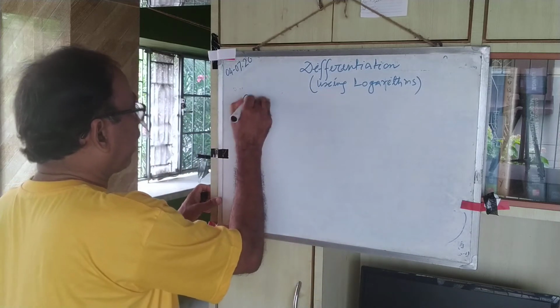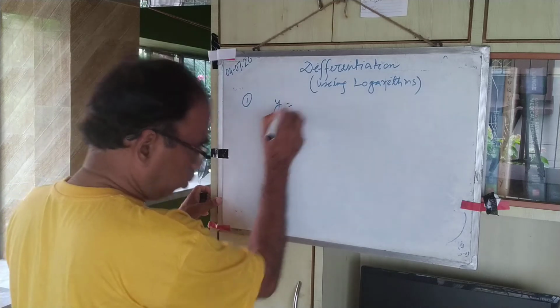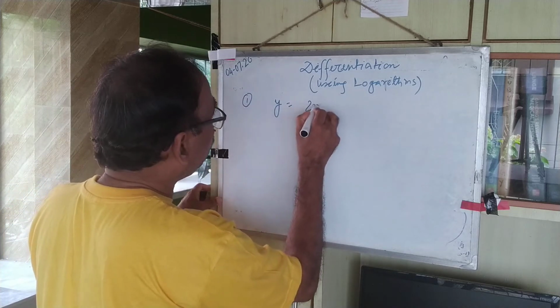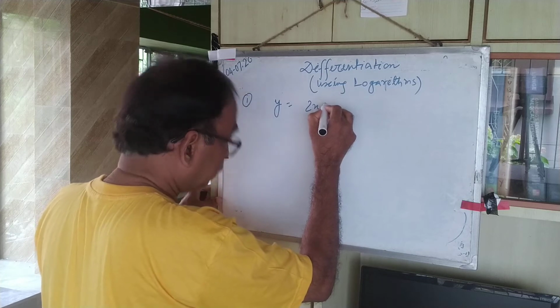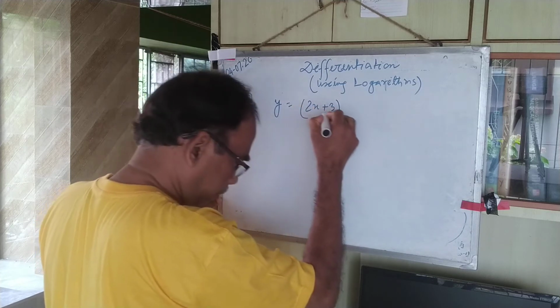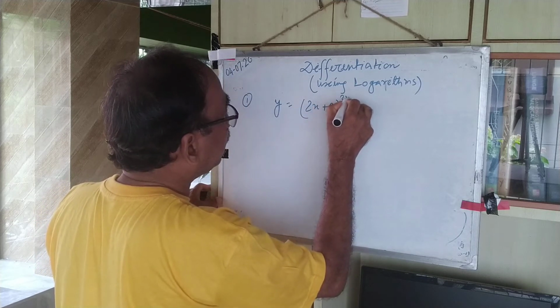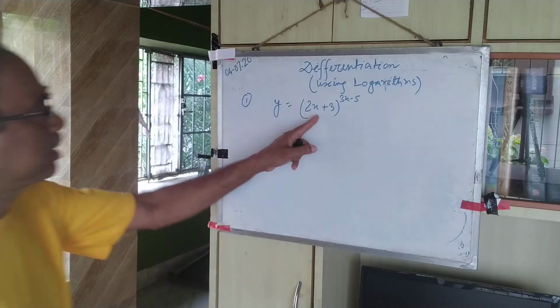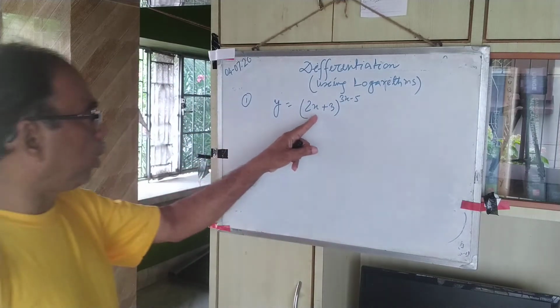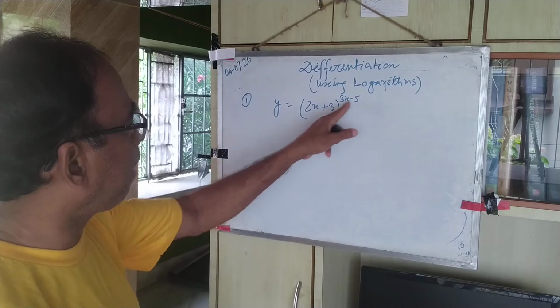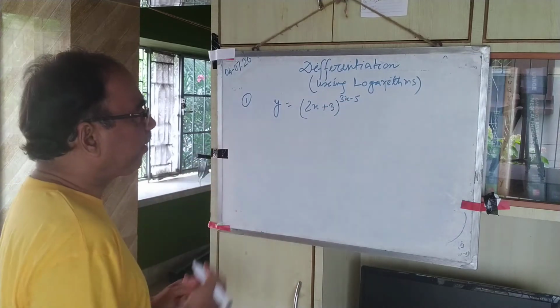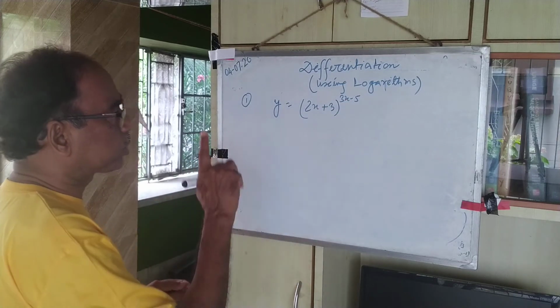Sum number 1. Here y equals (2x plus 3) to the power (3x minus 5). This is a polynomial function of x. It is a power. We can differentiate it using logarithm on both sides.